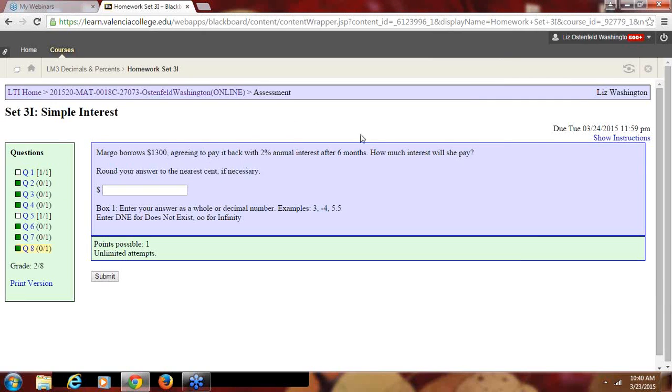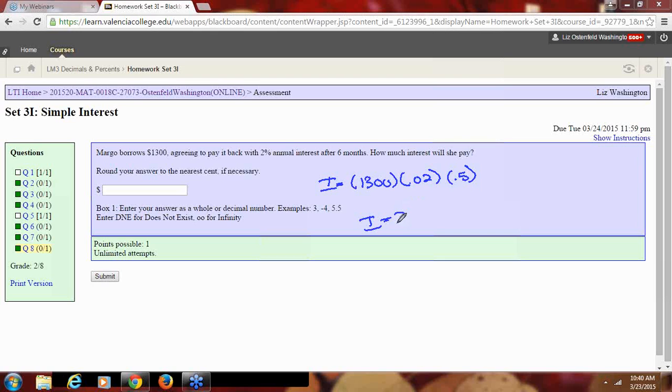Okay. Marge borrows $1,300, agreeing to pay back 2% after 6 months. So 6 over 12 is a pretty obvious half, right? So that's really what you're doing. 1,300 times 0.02 is 26.